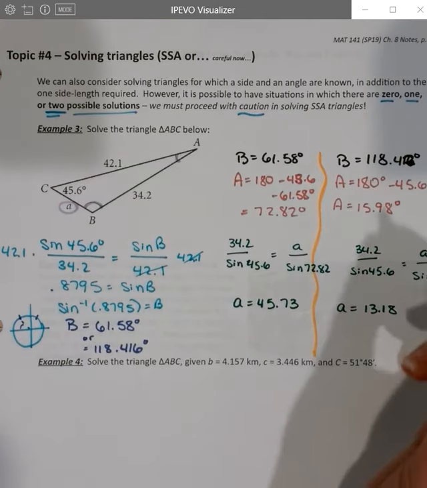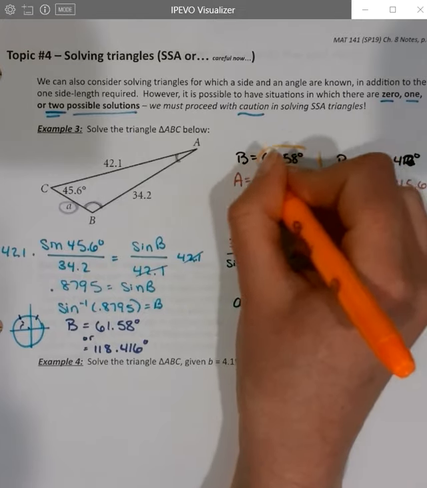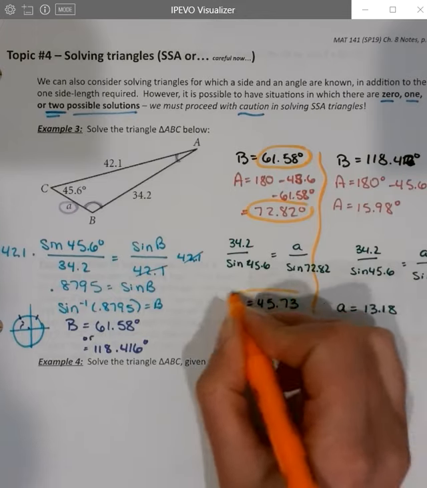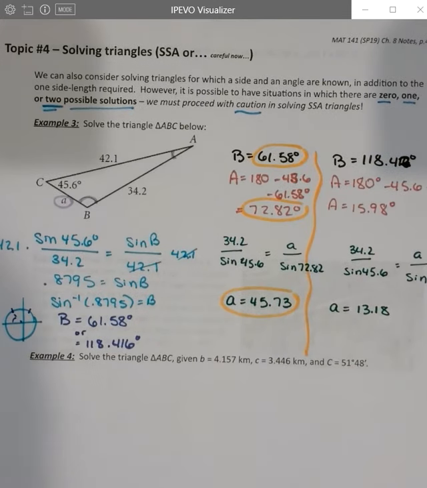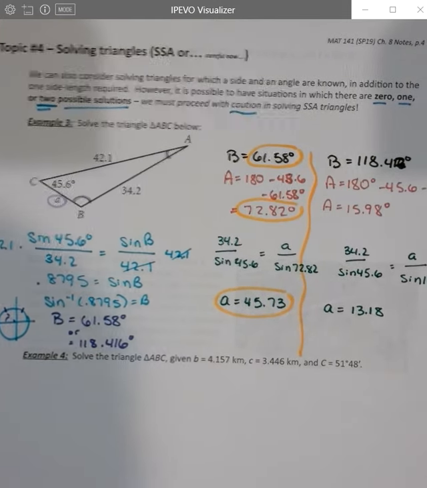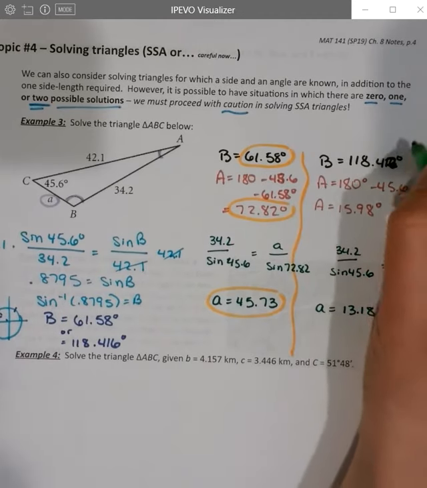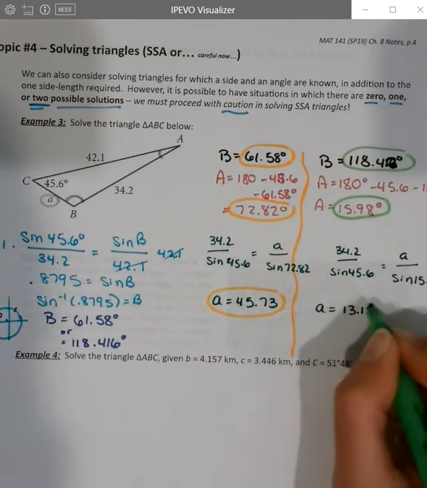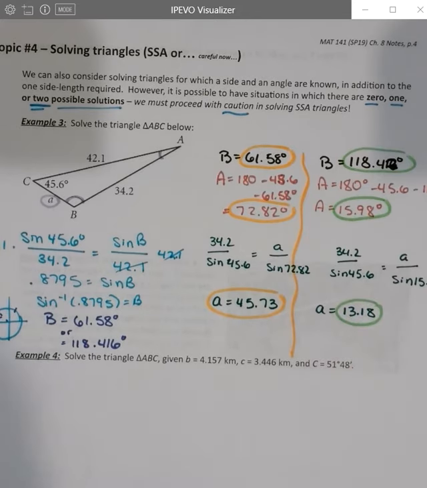So one of the solutions is going to have an angle B of 61, an angle A of 72, and a side A of 45. The other solution would have an angle B of 118, an angle A of 15, and a side A of 13.